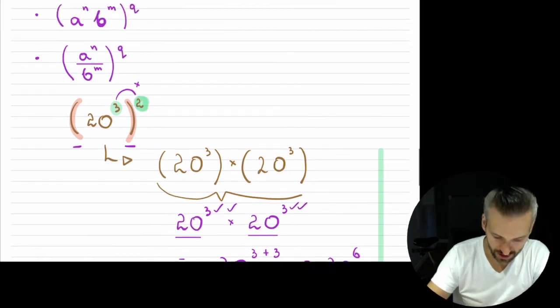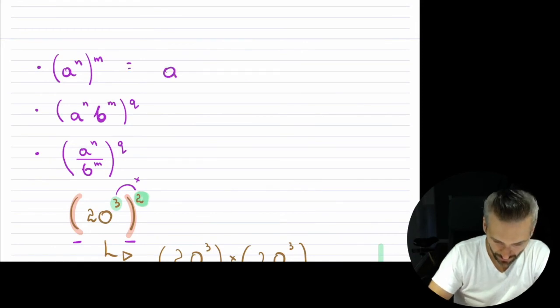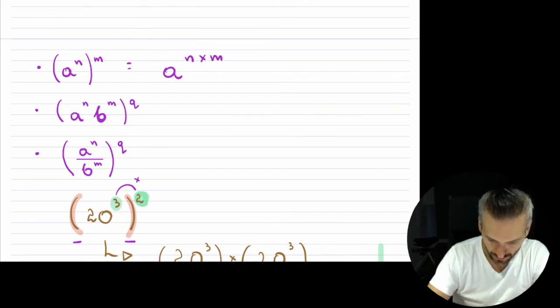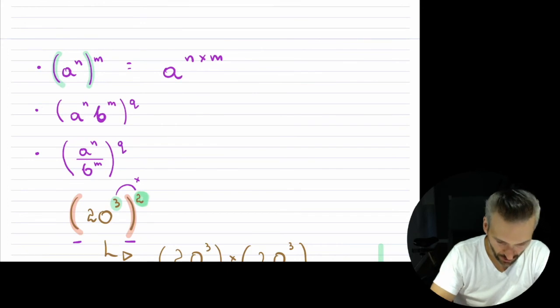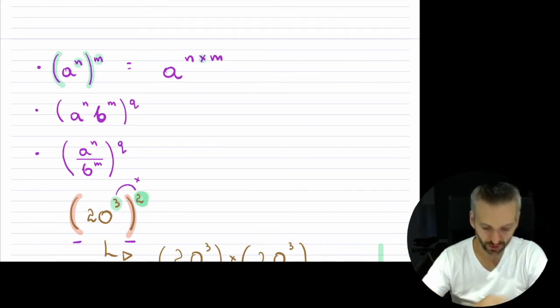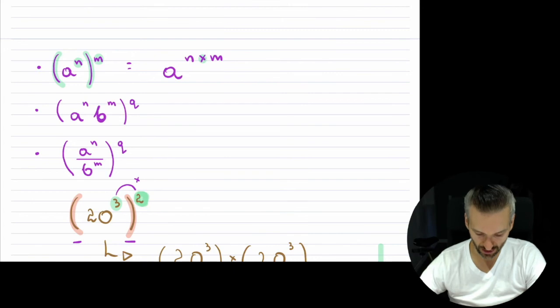So the law states that when you have these particular brackets, you're going to be distributing the exponent through, and notice that it's multiplication. It's not addition like we had in the previous law, but simply multiplication.